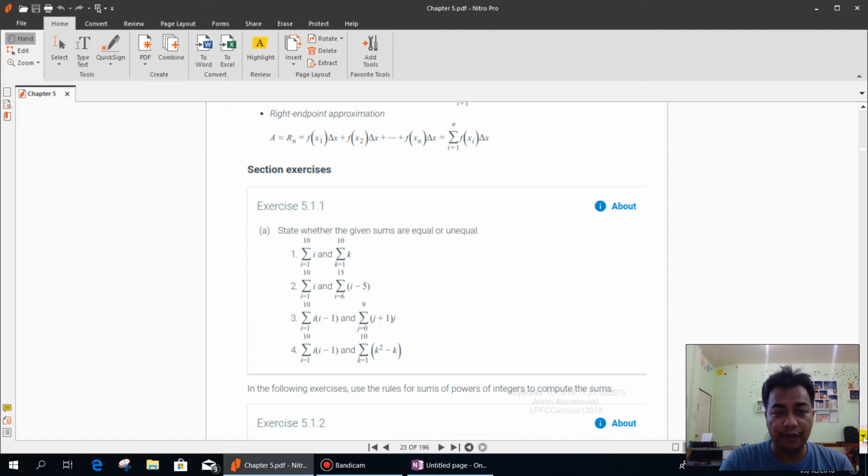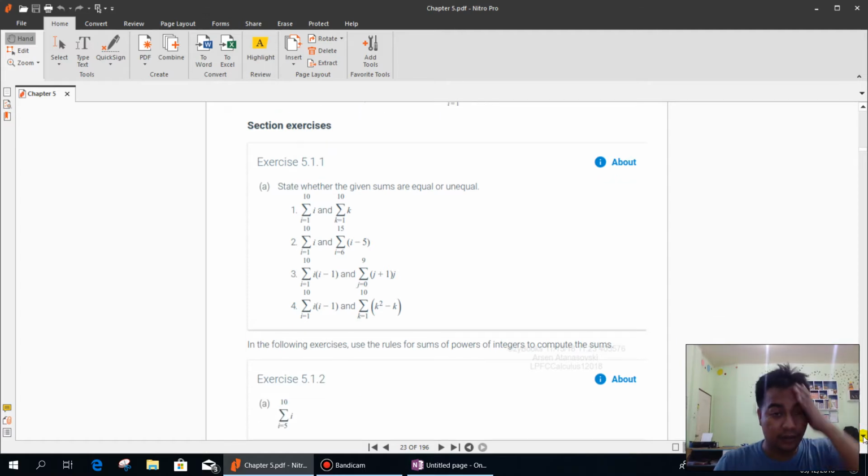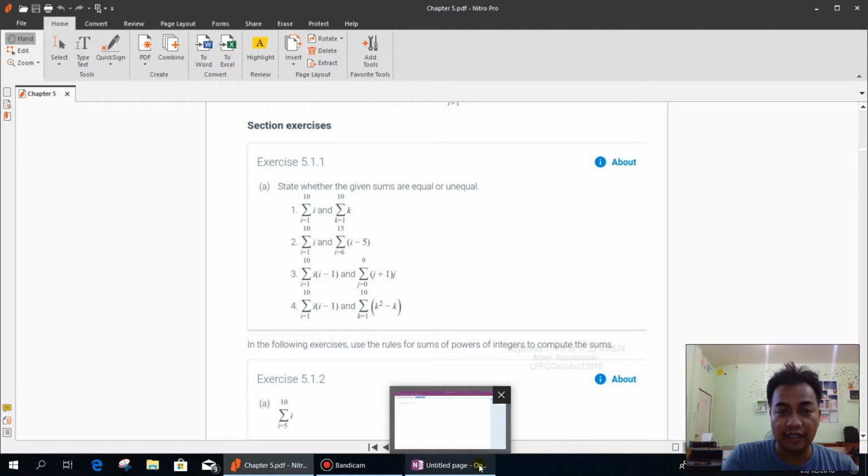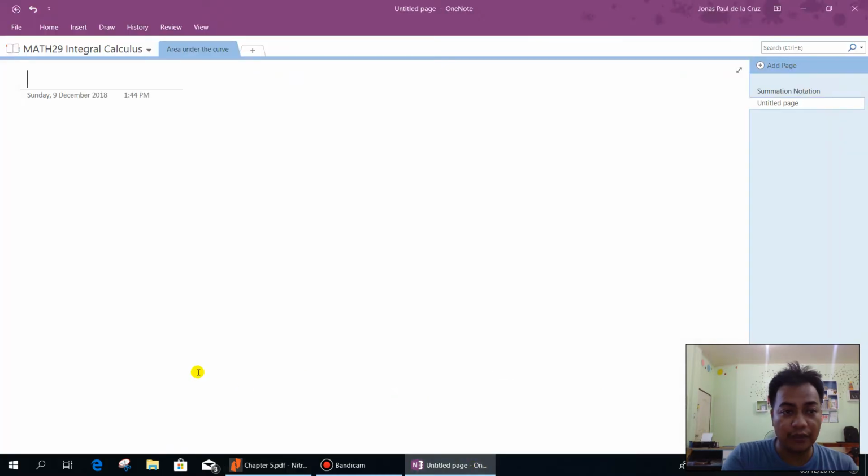Okay, exercise 5.1.1, state whether the given sums are equal or unequal. Okay, so basically ginagawa natin dito is to expand the two given sums. Summation of I is from 1 to 10.